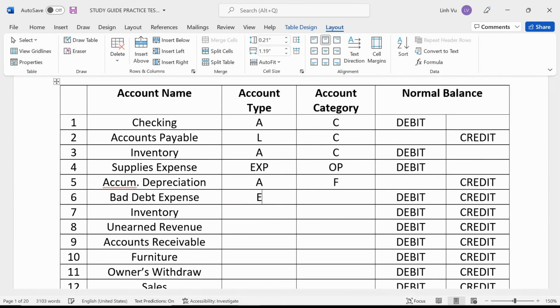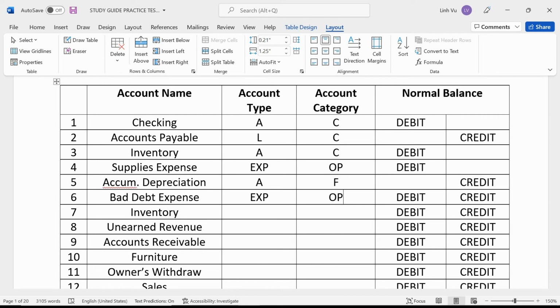Okay. So if you have bad debt expense, what kind of expense would this fall under? Operating. Good, right? It's part of operating your business that you'll end up having to write off bad debt.